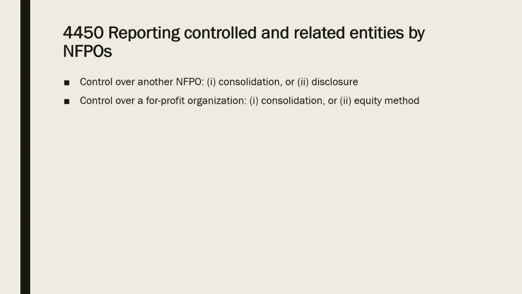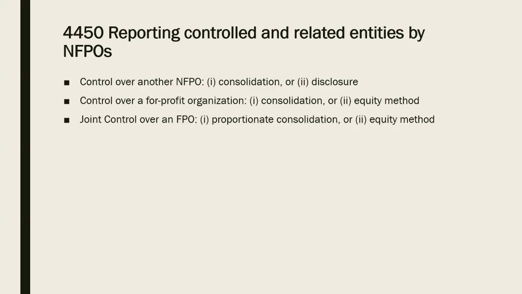If a not-for-profit organization has control over a business, a for-profit organization, it may choose consolidation or the equity method. If a not-for-profit organization has joint control over a business, it can choose proportional consolidation or equity method. If a not-for-profit organization has significant influence in another NFPO, it must provide disclosure.